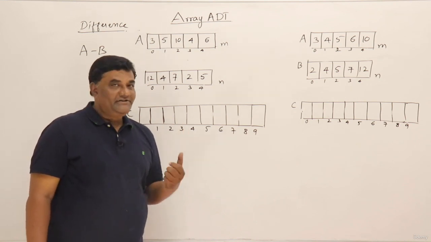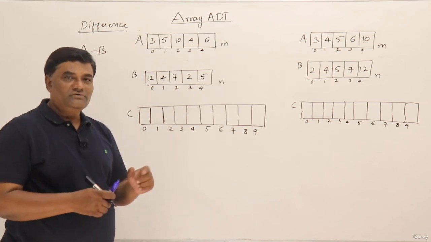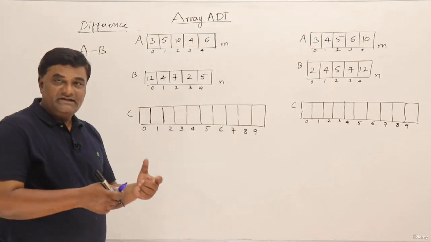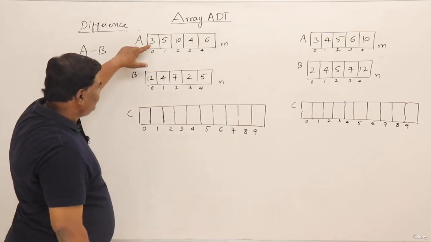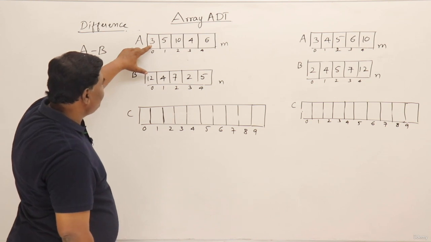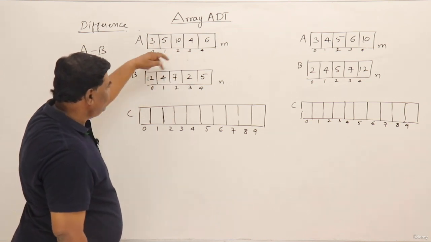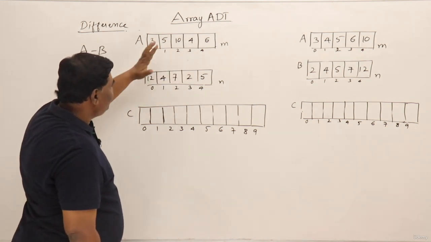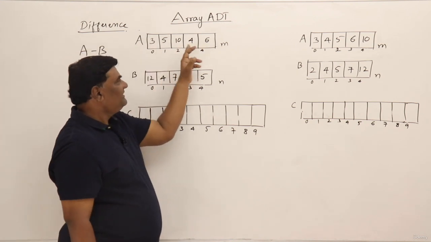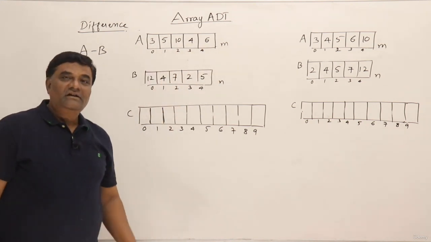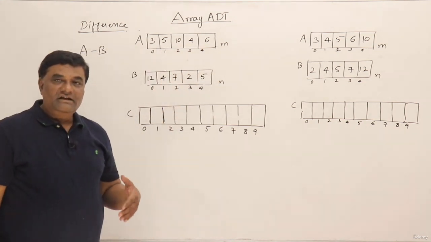So this is a difference operation. How to get those elements? Let us see. 3 is not present in B, 3 is in the result. 5 is there, don't take it. 10 is not there, take it. 4 is there, don't take it. 6. So 3, 10 and 6, these are the 3 elements that come after A minus B.